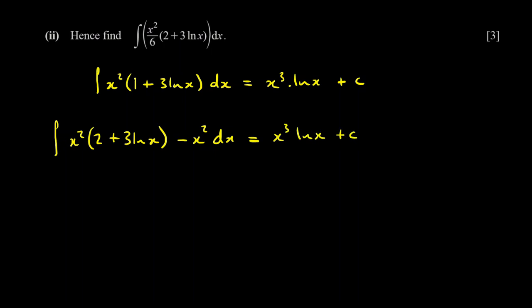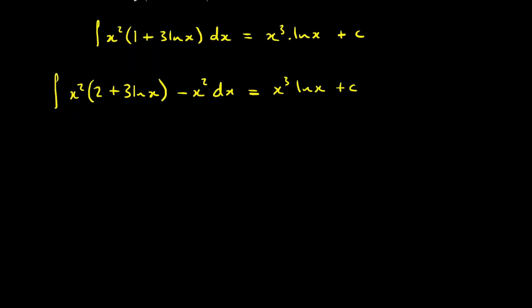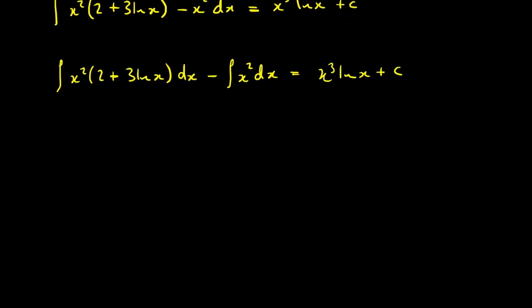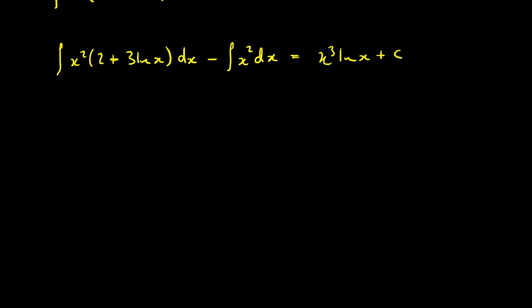And then I can split up the integral on the left-hand side. I can treat it as the integral of x squared bracket 2 plus 3 ln x dx minus the integral of x squared dx is equal to x cubed ln x plus c. Now we can compute the integral of x squared, we know how to do that.